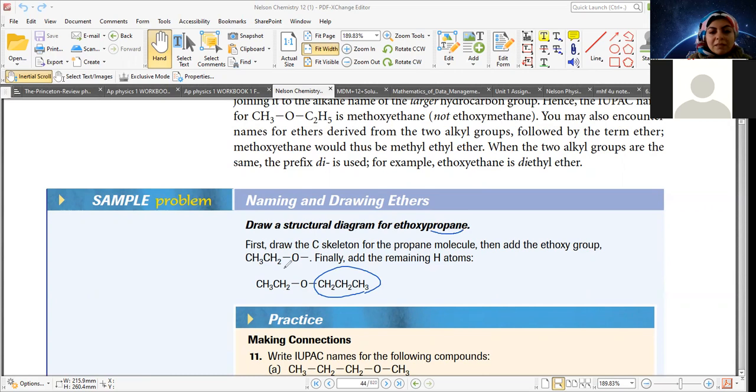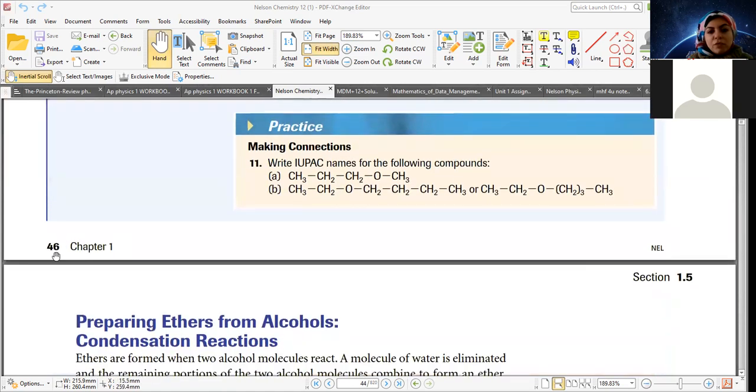And the one that is attached to the oxygen is a branch, the oxy will be attached to that. Because it's 2 carbons, it is going to be ethyl, so it's going to be ethoxypropane. Any question?